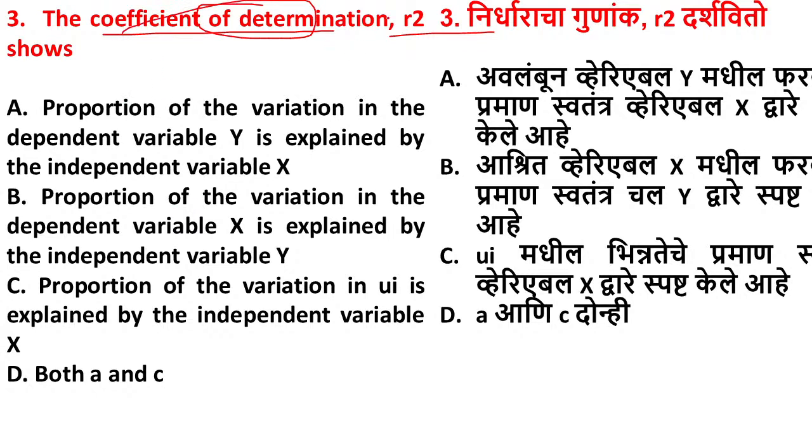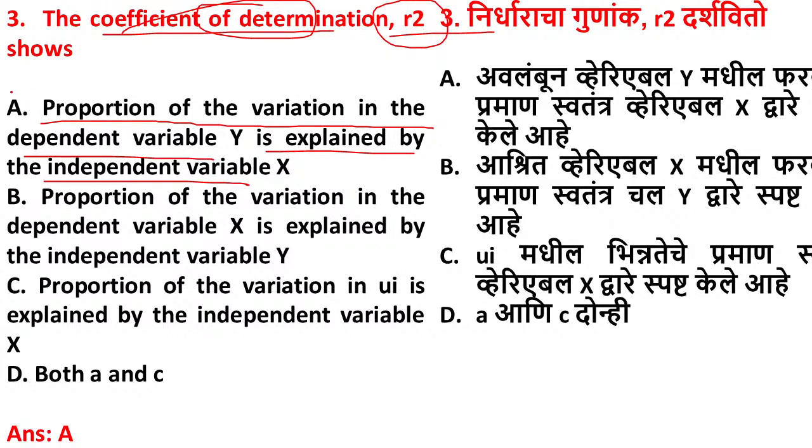It is denoted by R square. Option A is the correct answer: the coefficient of determination shows the proportion of the variation in the dependent variable y that is explained by the independent variable x.